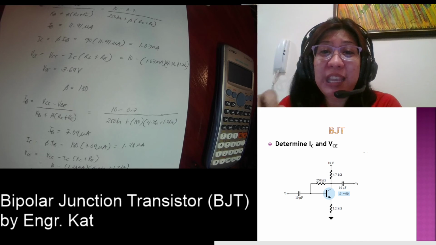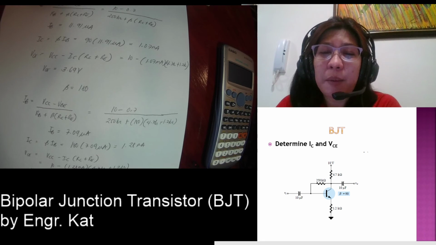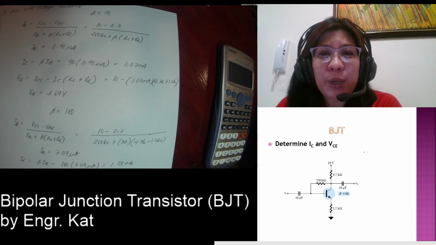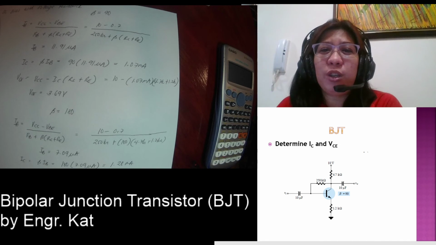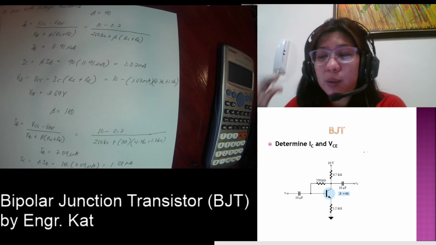Even though you use any other books, when you search for fixed bias, emitter stabilized, voltage divider and DC feedback, you will get the same circuit result. So do not memorize, because there are lots of formulas. You just learn how to derive the different equations coming from those. And it is very simple, right?